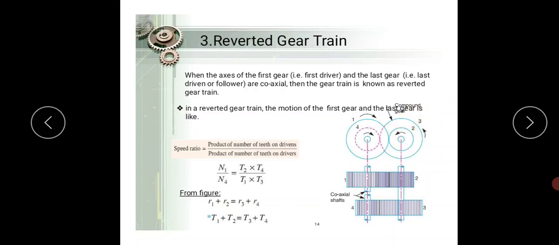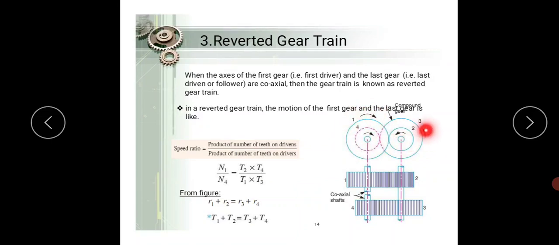For the figure, R1 plus R2 equal to R3 plus R4. The radius, that means R1 plus R2, is always equal to R3 plus R4. And T1 plus T2 equal to T3 plus T4.